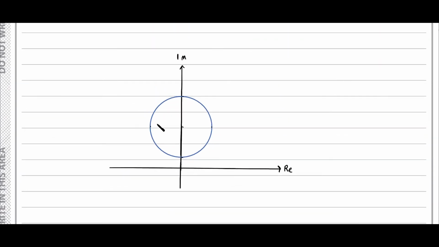When we talk about the maximum argument of z, if we think about our origin, our maximum argument would be this entire angle over here, and we'll call this angle theta.